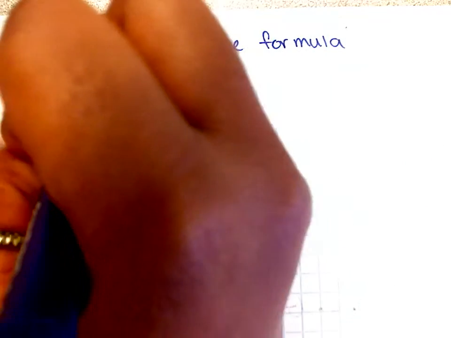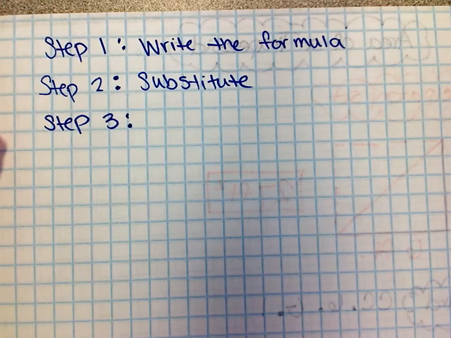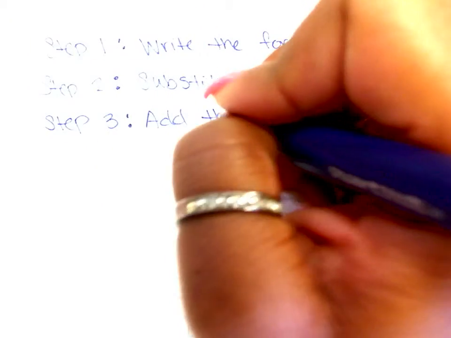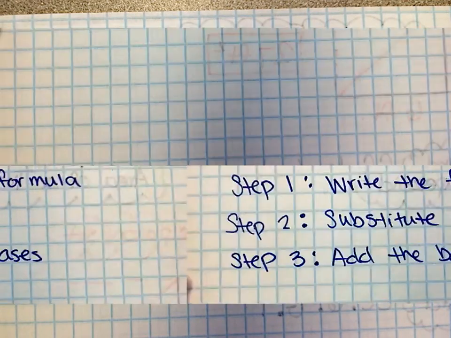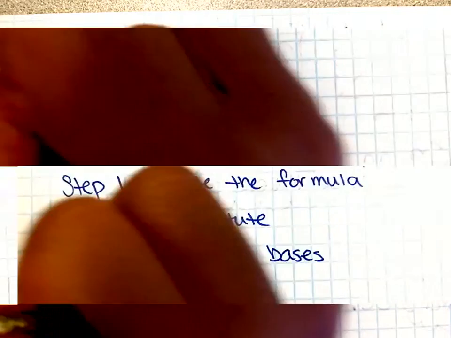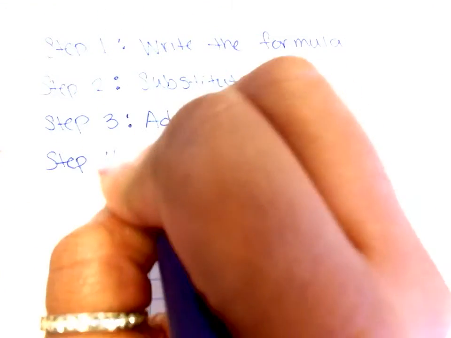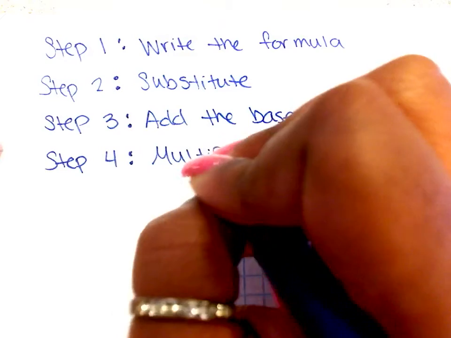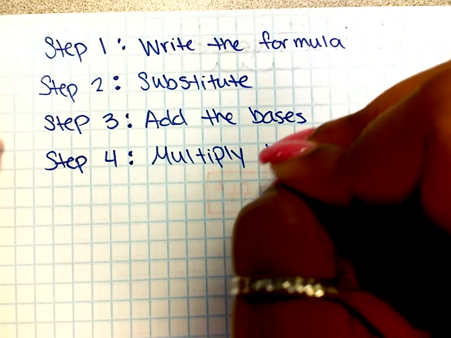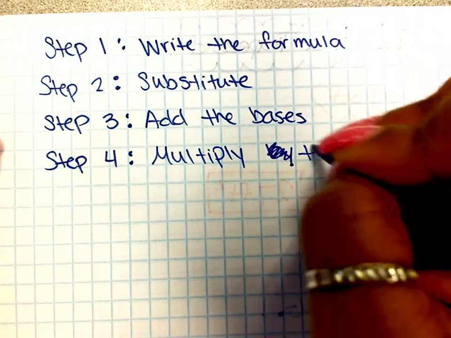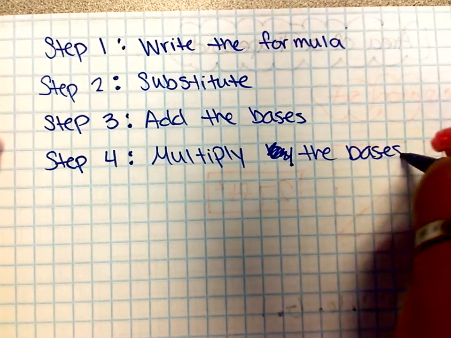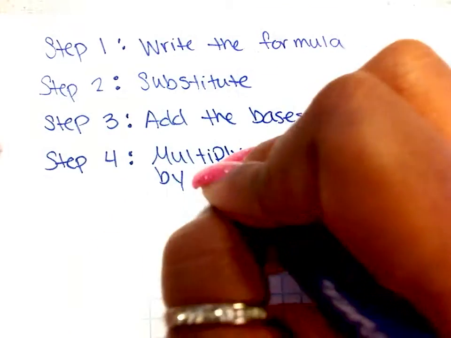Step 3, you're going to add the bases. Step 4, you're going to multiply the answer you get, the bases, by the height.